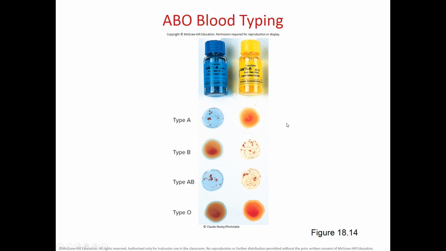Okay? So if someone is negative, you don't see any clumping with the D. And that will be for any type. So if you have type A, positive will be clumping in here. If you have type A negative, no clumping in here, and you keep on going.